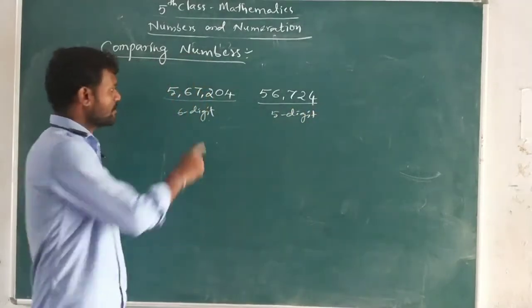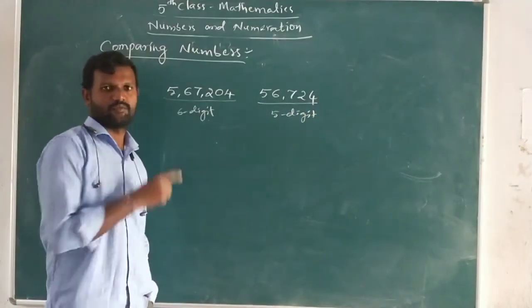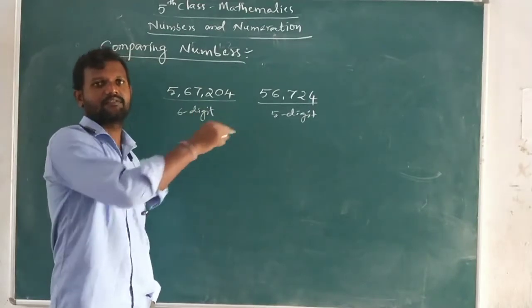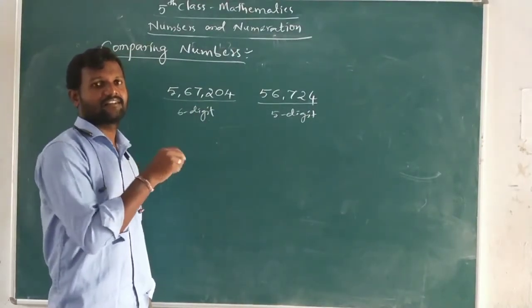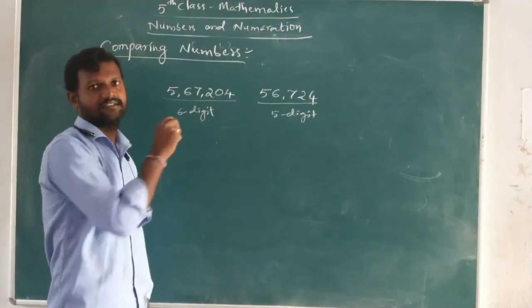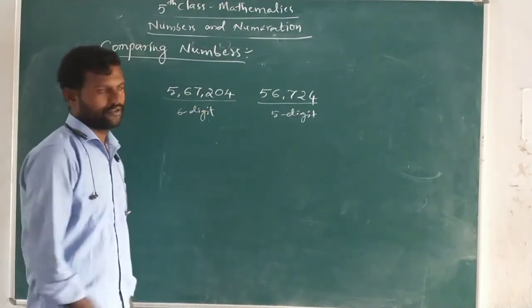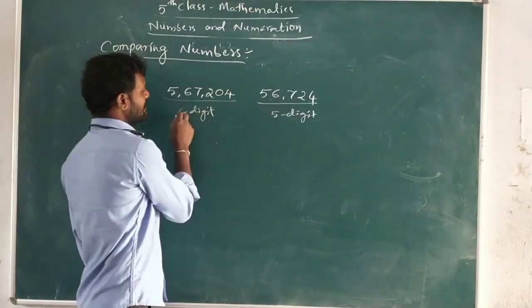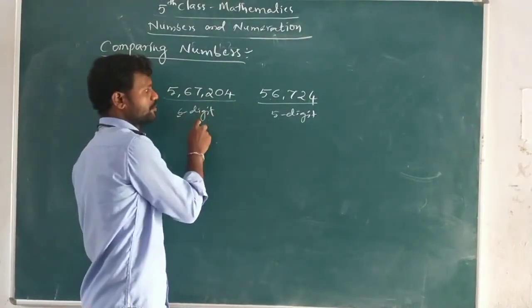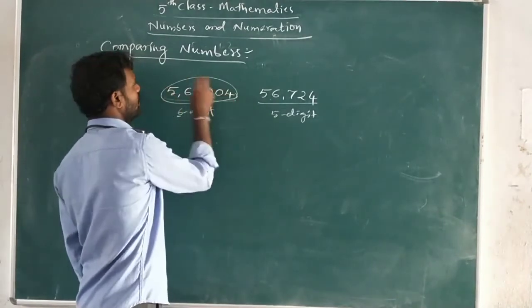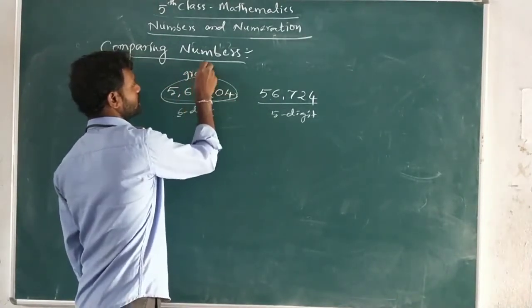There are no same number of digits here. One consists of 6 digits, another consists of 5 digits. So the number which has more digits is the larger number. In these two, 6 digits is more than 5. That's why this number is the greatest number.